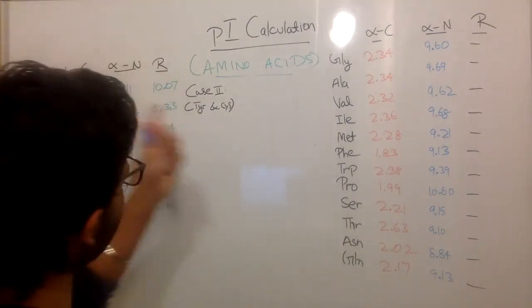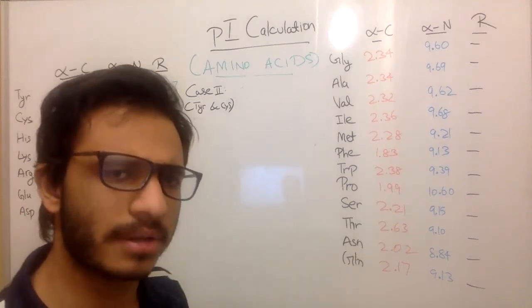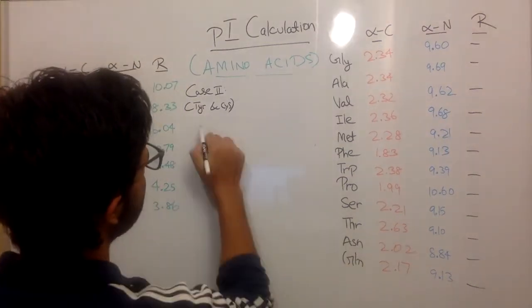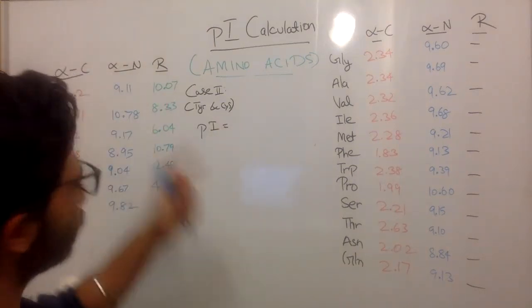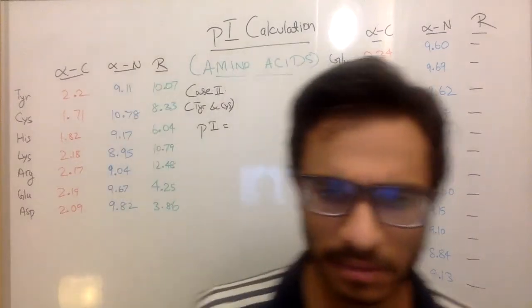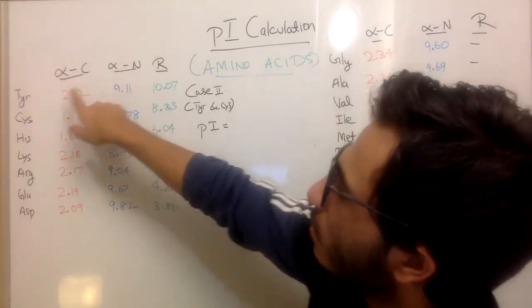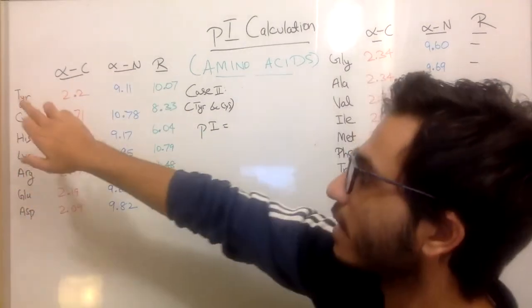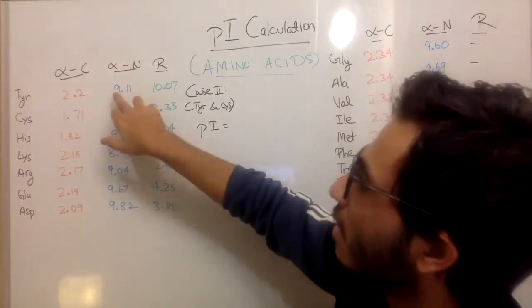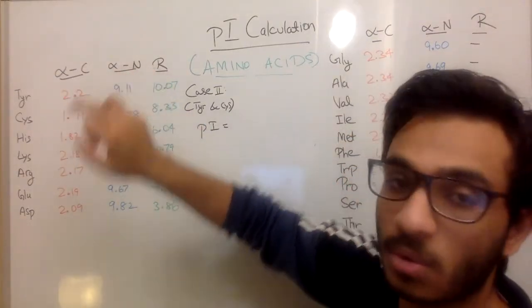For tyrosine and cysteine, it's actually the most complicated calculation for their pI, because what you're doing is taking the middle value. For these 2 amino acids, you take the middle value of all their 3 pKa values. So for tyrosine, you take the 9.11, the pK value for the alpha amino group.